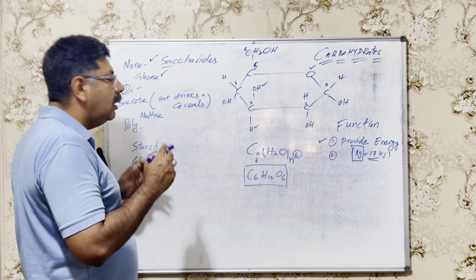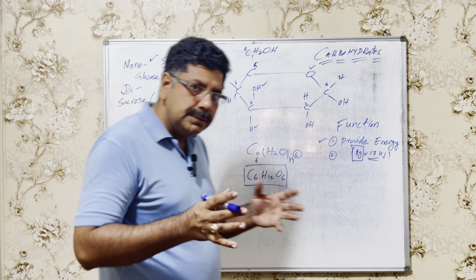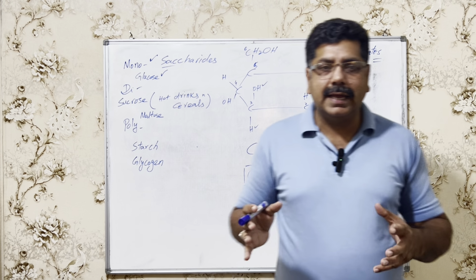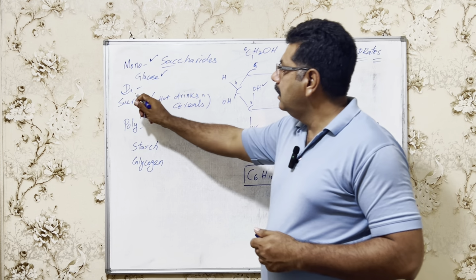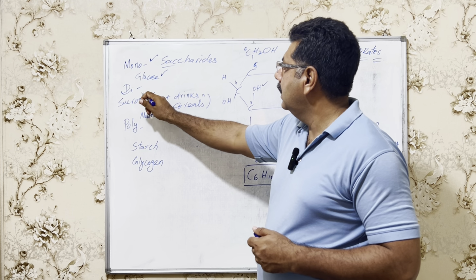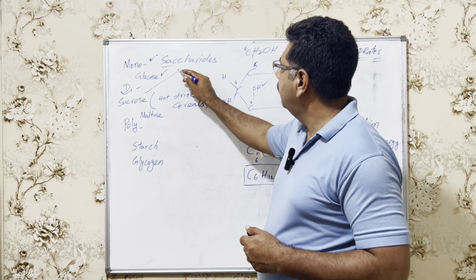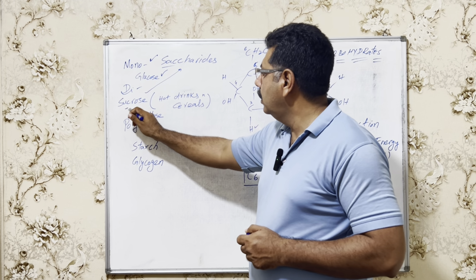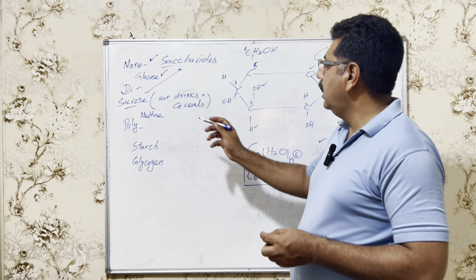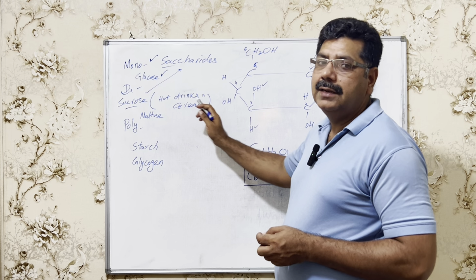Now if 2 simple sugars, 2 monosaccharides, combine, they will make a disaccharide. The example is sucrose, which we use in hot drinks and cereals.